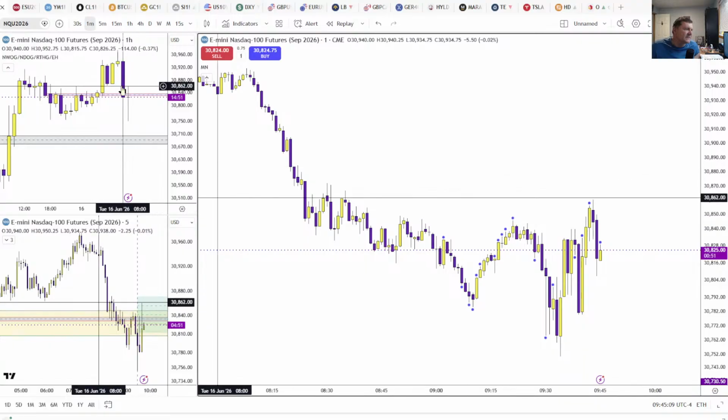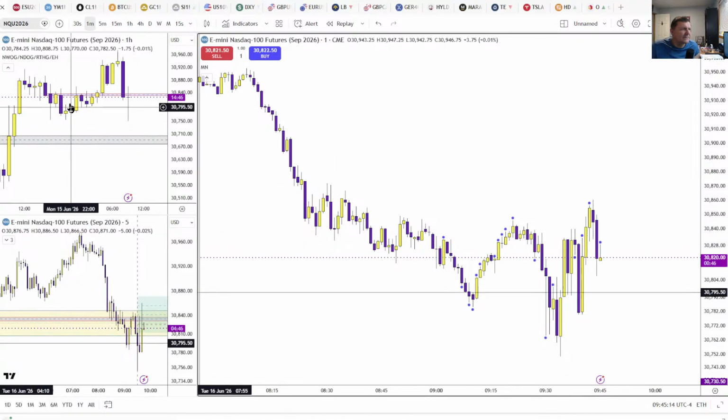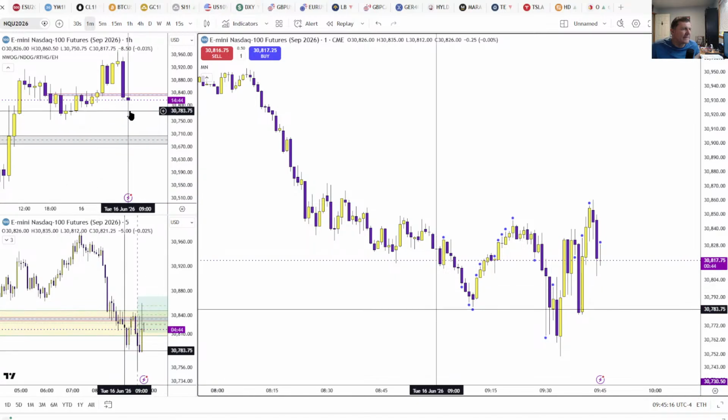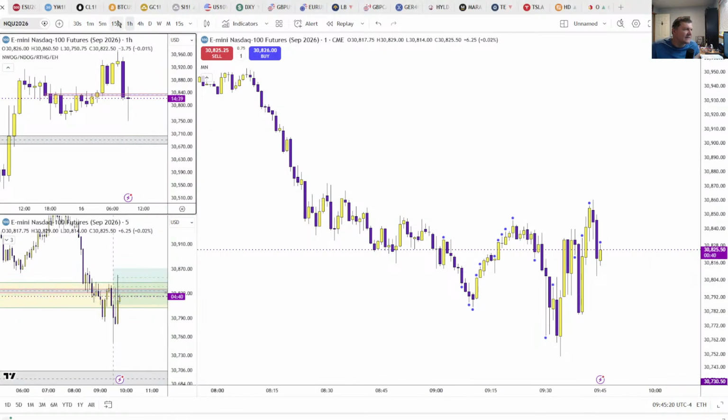We could get an institutional order flow entry drill from here and go lower on the hourly. So we'll see if this is aggressively taken off here. So look for the next.